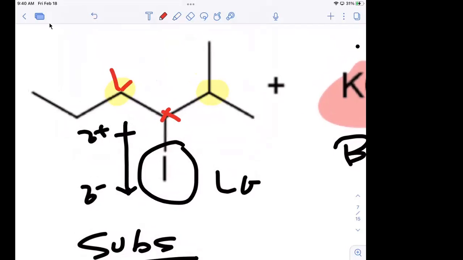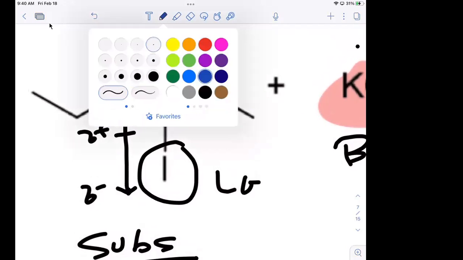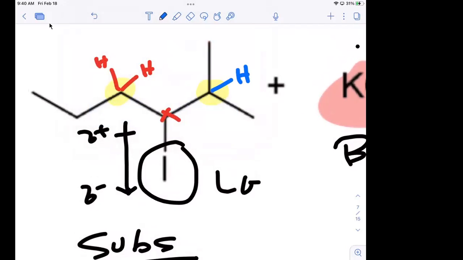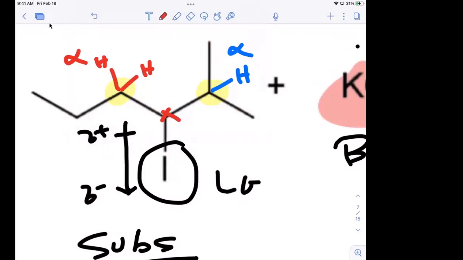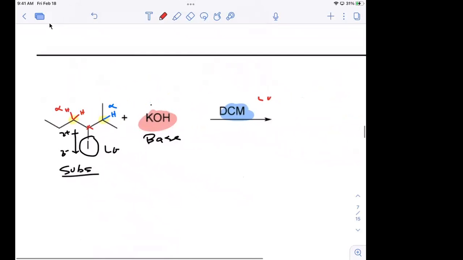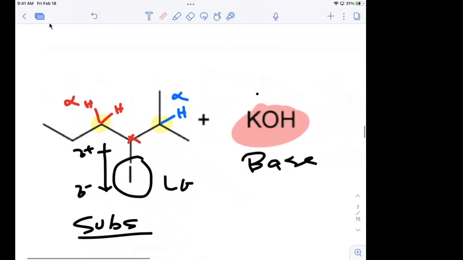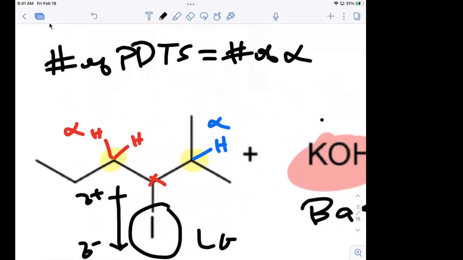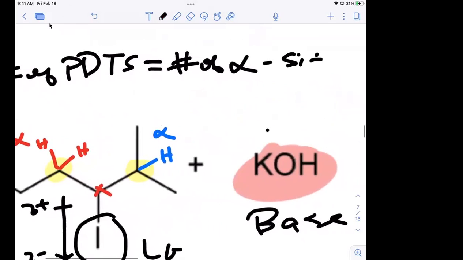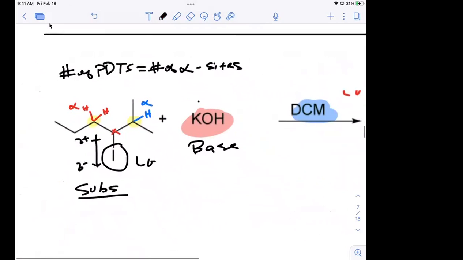So I'm going to make these different colors. And I'll make the other proton some other color. So this is alpha, and this is also alpha over here. So I've got two alpha sites, which means that I'm going to get two products. So the number of products is equivalent to the number of alpha sites.